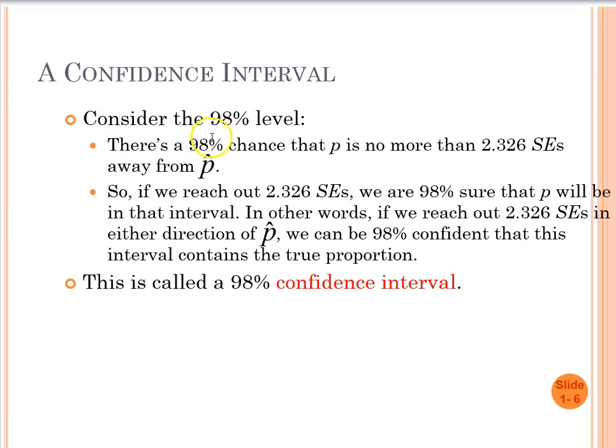So if we create, say, a 98% confidence interval, then within that interval, there's a 98% chance that the true proportion is within that interval. So it's no more than 2.3 standard errors away from our sample proportion. So that's why we reach out up and down 2.3 standard errors to try to capture where we think that true proportion might lie.